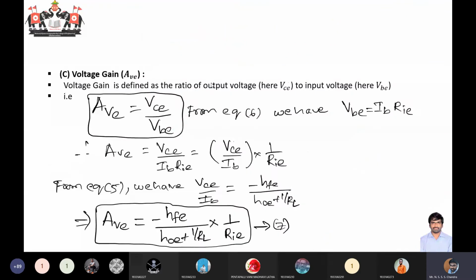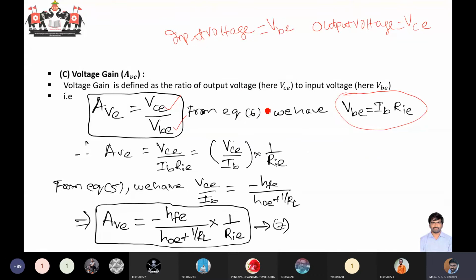Now this will be equal to VCE by IB into 1 by RIE. We have derived this ratio VCE by IB in the previous slide itself.